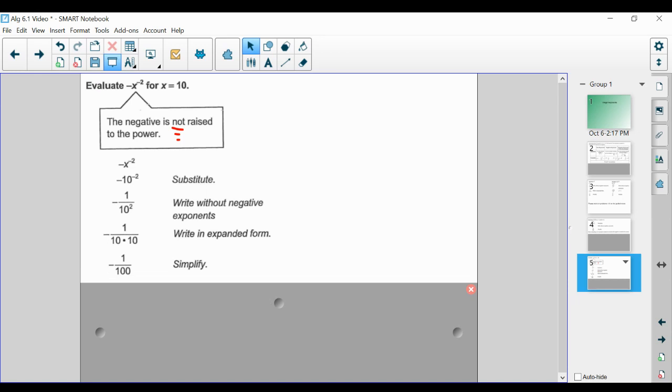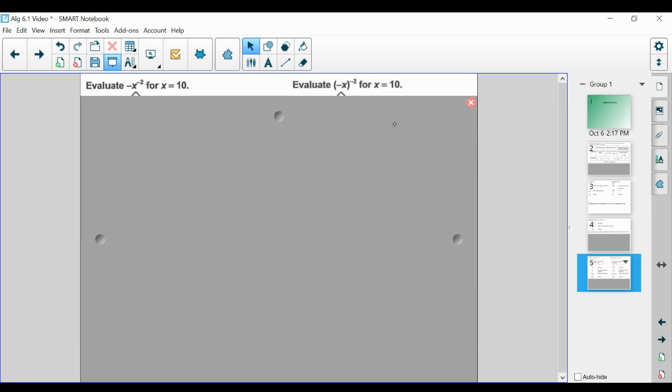Now, here is the major difference. On the right-hand side, visually, there is a difference, and it is subtle, but it is very important. On the right-hand side, we have in parentheses the opposite of x, all of that getting raised to the negative 2nd power.